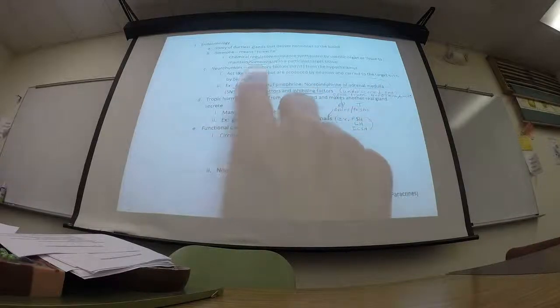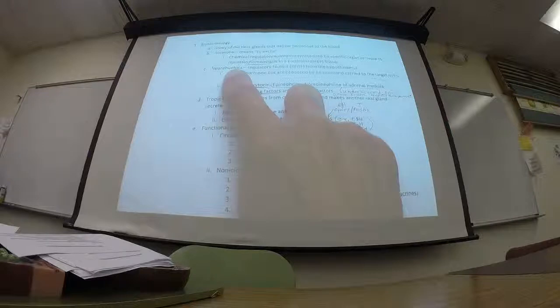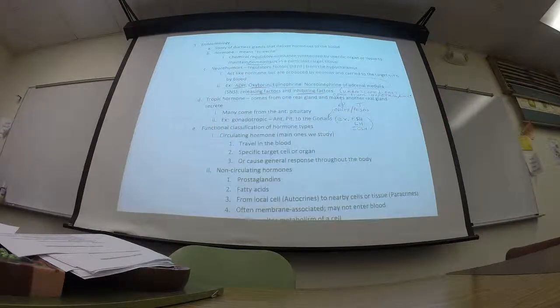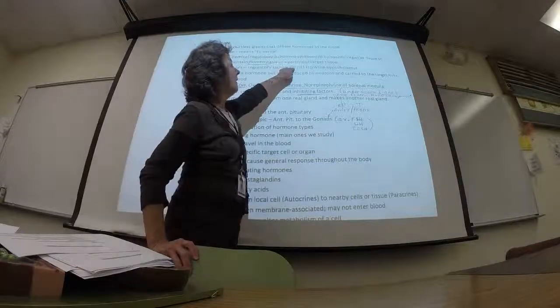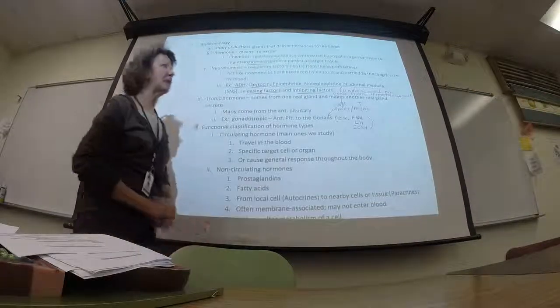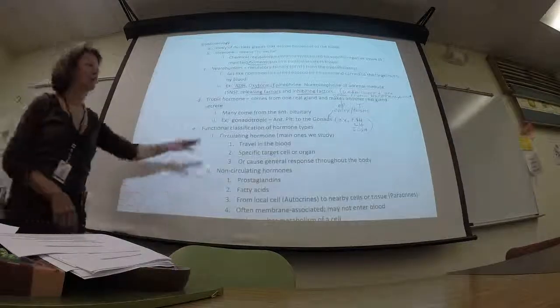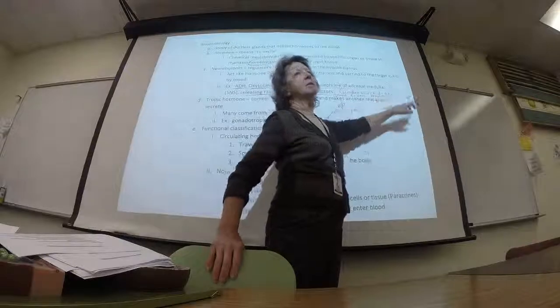So all of these things in Roman numeral 2 here are neurohumors, including the regulatory factors that are either releasing factors RF or inhibiting factors IF from your hypothalamus. So if you want to clarify this, the ones that are underlined are from your hypothalamus.